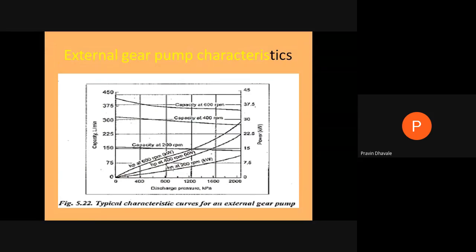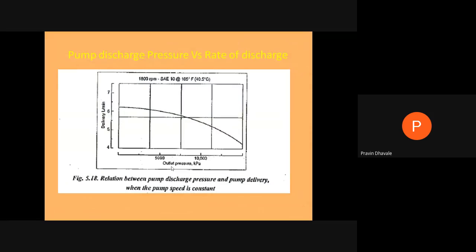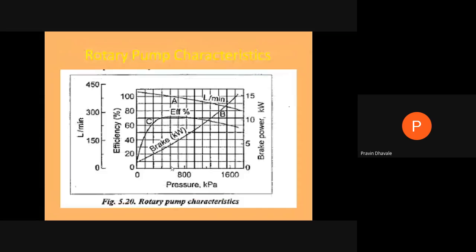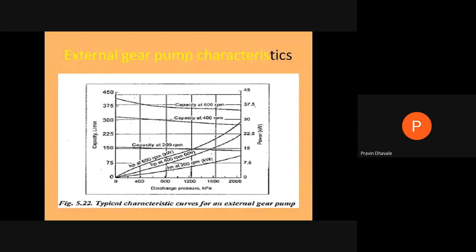It will be related with the characteristics of discharge pressure and rate of discharge, discharge pressure versus power, efficiency, and rate of discharge. Specific characteristics of some standard pumps, that is a rotary pump, centrifugal pump, and external gear pump.